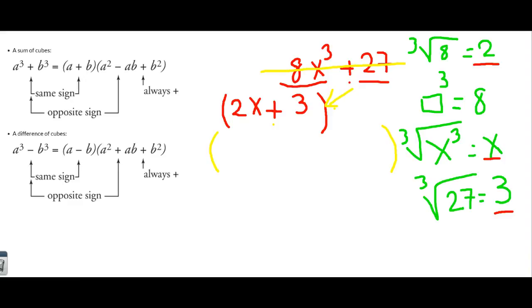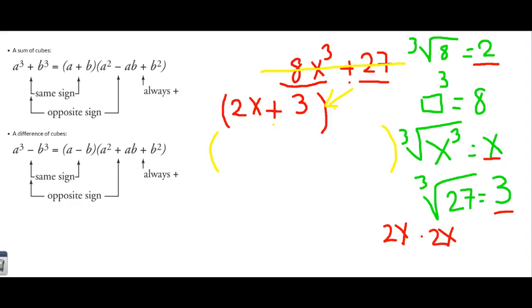The parenthesis says 2x. So basically, what needs to go here is the square of 2x. So it's 2x squared, that means 2x times 2x, which is equal to 4x squared.